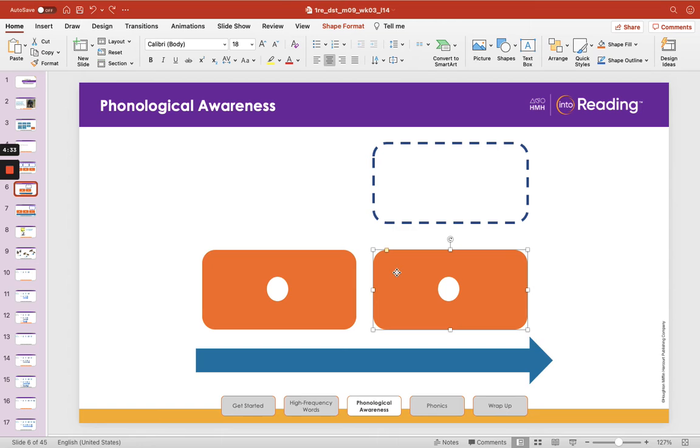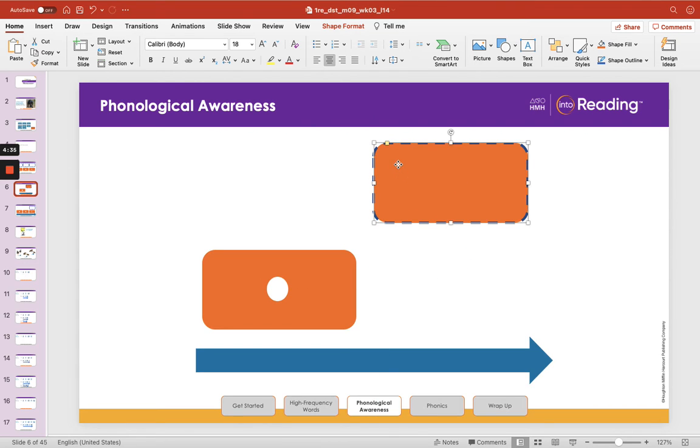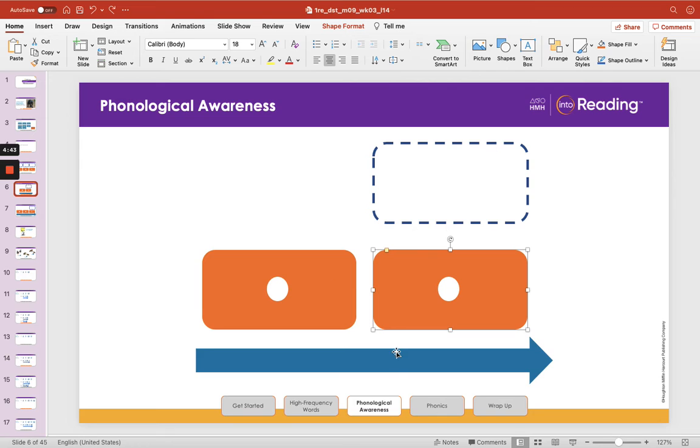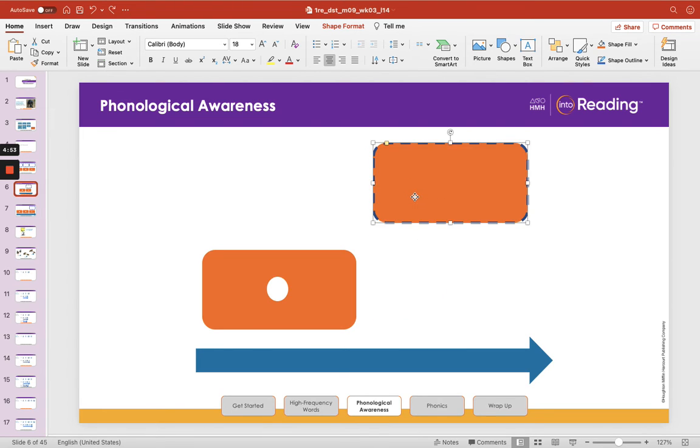Let's take away the es. What's my new word? Fox. Good job. My word is singing. Take away the ing on singing. What's your word? Sing. You're left with just sing.